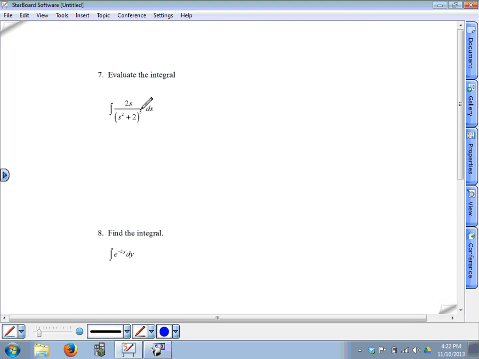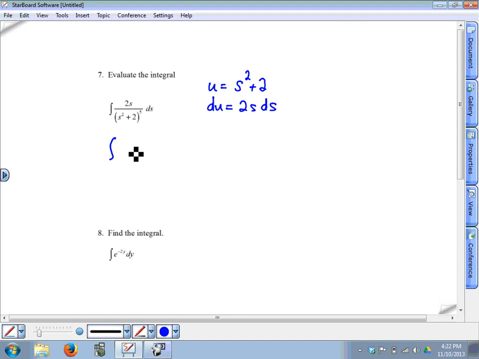Question 7, still on this u substitution, so u can equal s squared plus 2, du then is 2s ds. I actually have everything we need. We have the 2s and the ds.